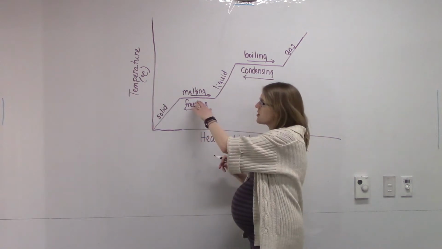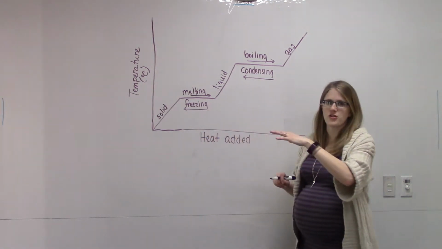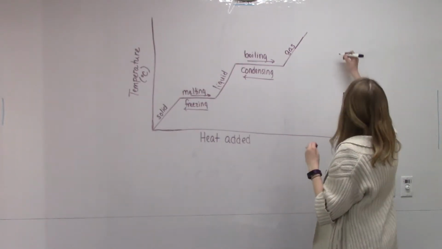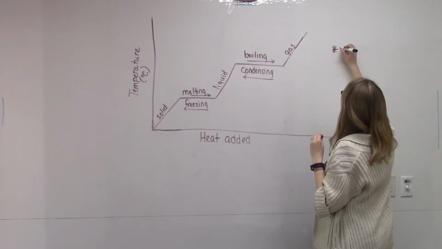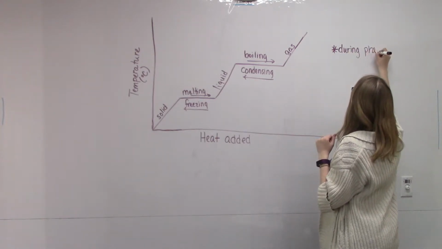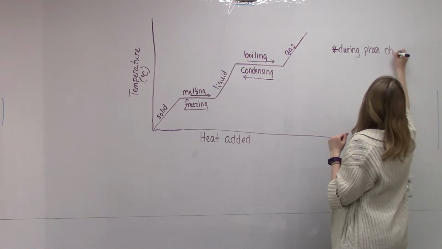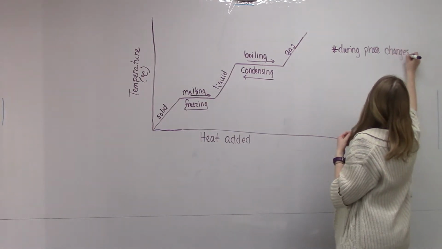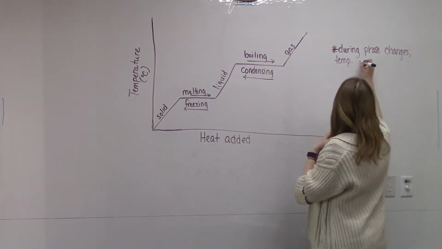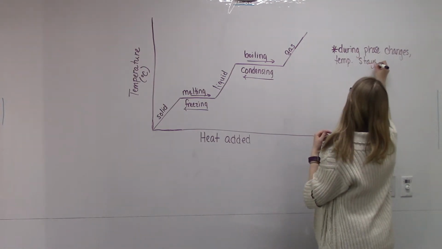Do you see here that during phase changes, temperature is constant? That is a key point. Do you see how I'm taking the time to write this? That means you should write it too. During phase changes, temperature stays constant.